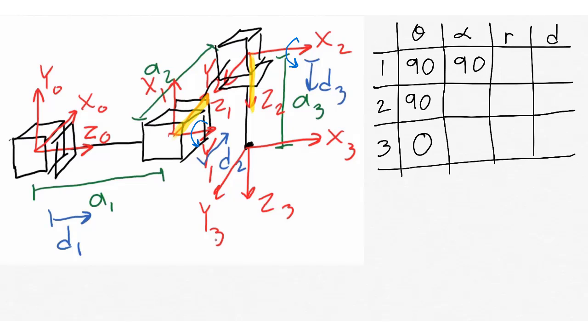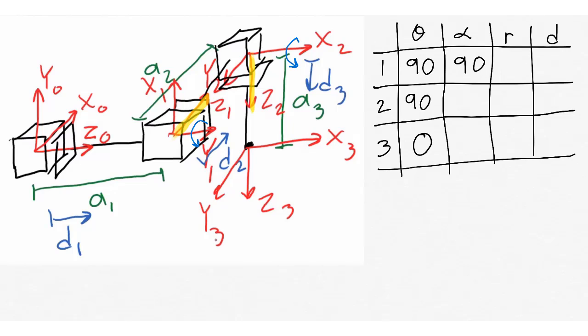How do I have to rotate frame 1 around X2 or Y1, which is in the same direction, to get Z1 to point down the same direction as Z2? I only have to rotate 90 degrees, but there's kind of a catch in this case.